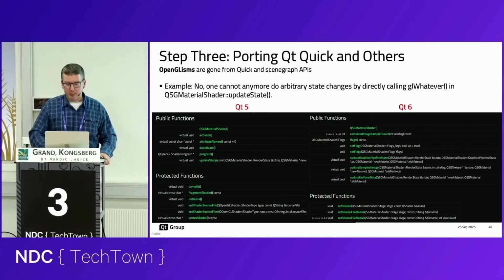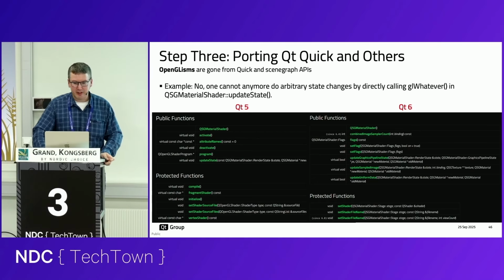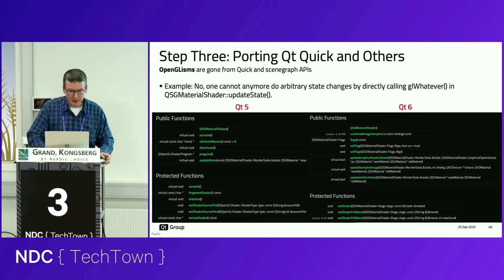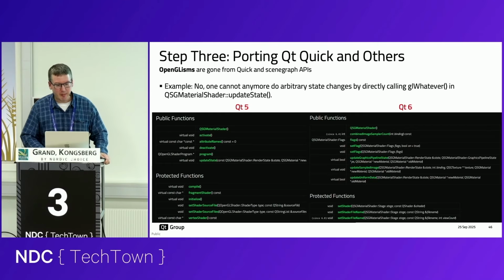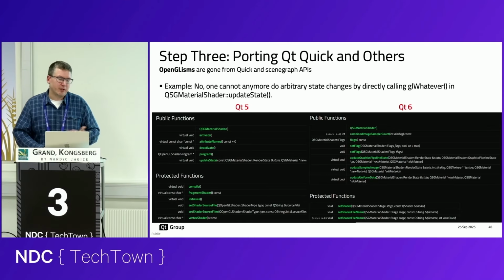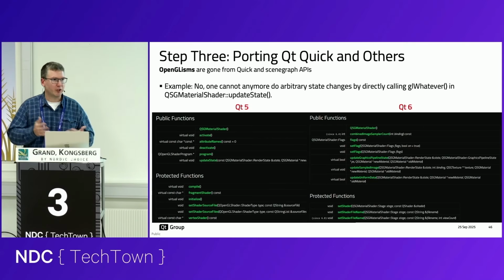Or of course, how you deal with monolithic pipelines. The example there on the slide uses one of the public headers, QSGMaterialShader, which is maybe a good example, because if you used it in your application, well, there we had an API break, right? We can't have a virtual function called updateState, which was a very efficient and lean solution for Qt 5, because you could call glBindTexture, set uniforms, glUniform4fv.